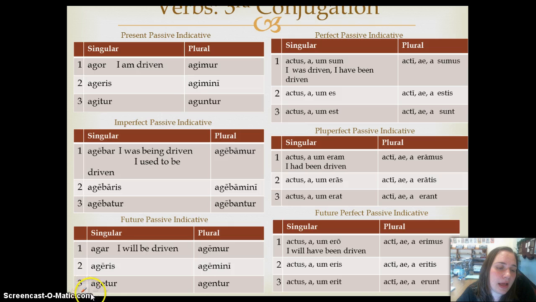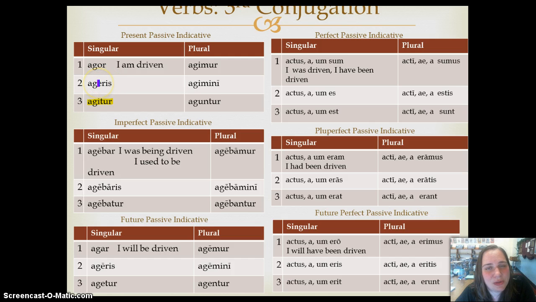Here, I'll go ahead and highlight it for us. The third person singular present passive is our present stem plus the i to tell us that we're in the present, plus the passive personal ending tur, right? Or, ris, tur, mur, minī, and ntur. Agor, ageris, agitur, agimur, agiminī, aguntur, all what you expect.